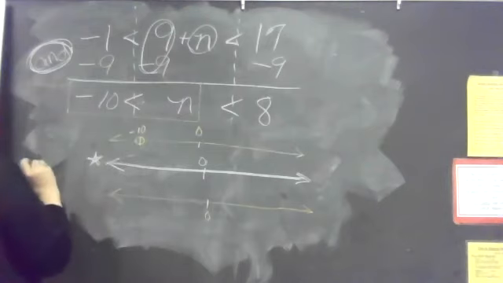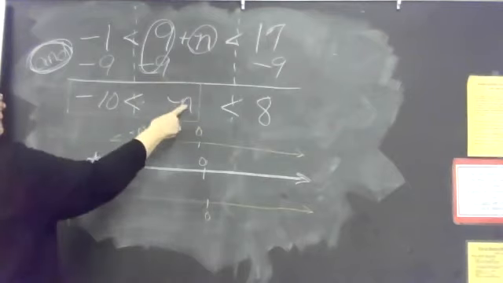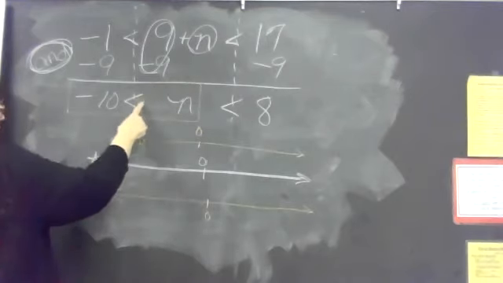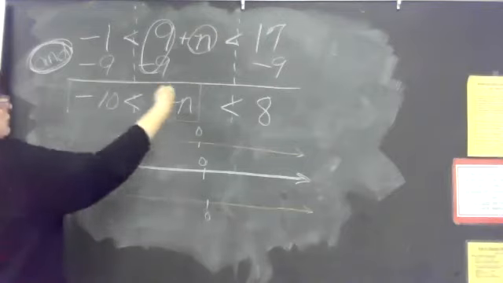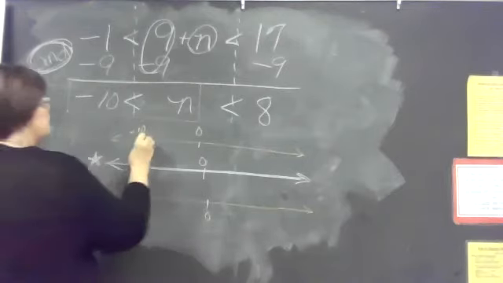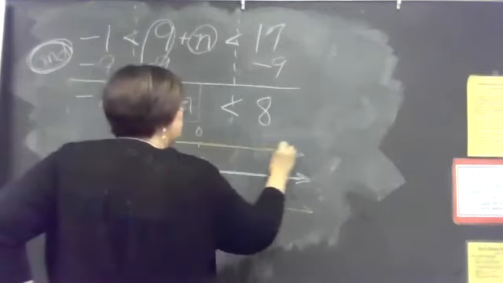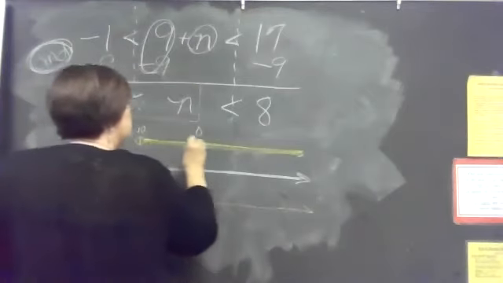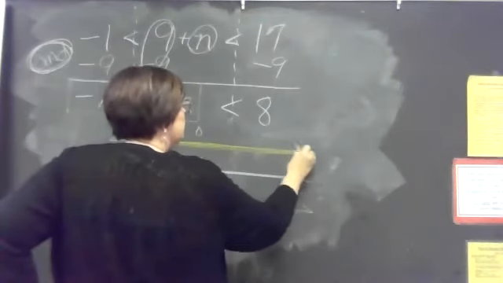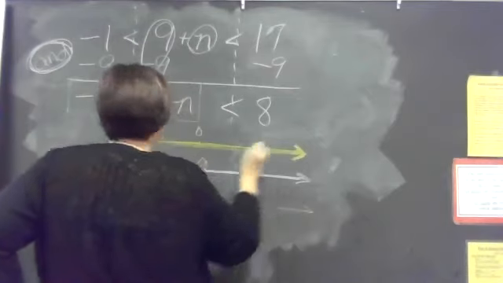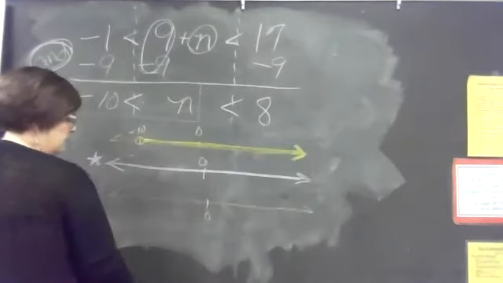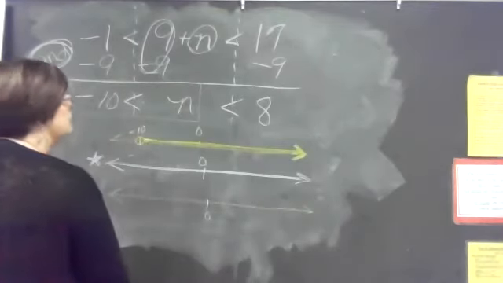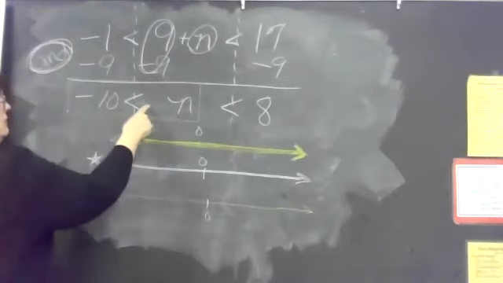Do I color in the negative 10? No. Which way do I shade? Be careful. N is greater than, because if you flip the card, it's going to be greater than. So we're going to shade all the way to the right. Be very careful when your variable's on the right-hand side. You need to do a little adjusting. So this is what this equation looks like.